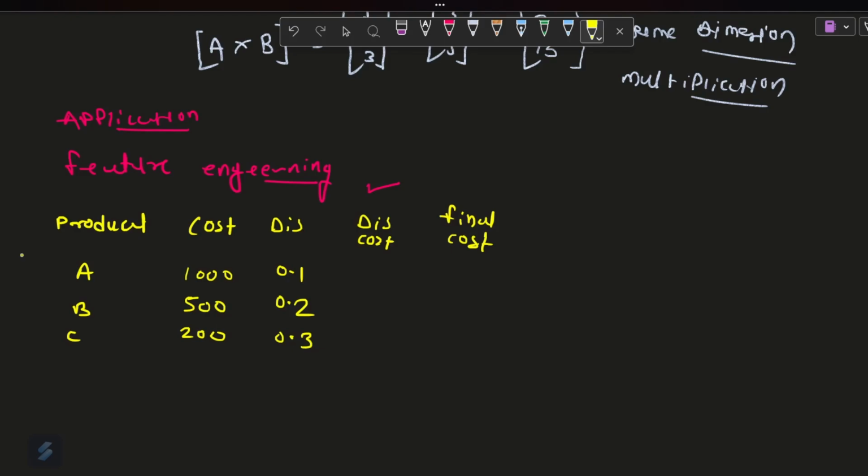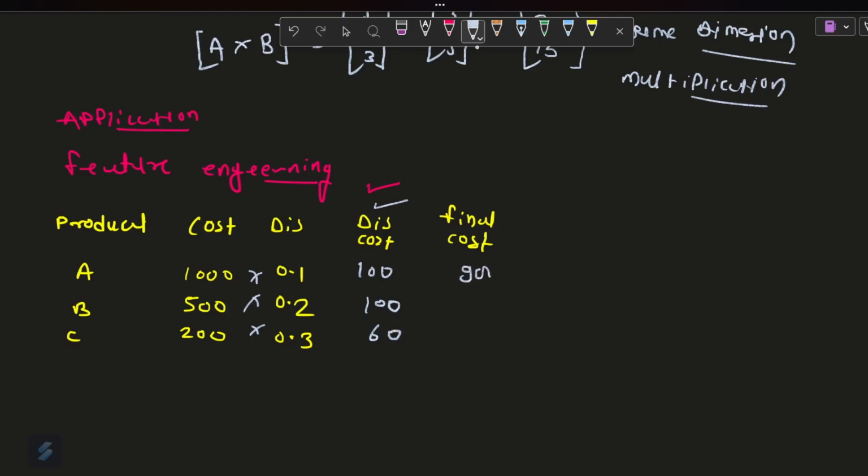In that case, we take the element-wise product to find how much discount we give on each product. We get 100 rupees of discount on product A, similarly 100 rupees on product B, and 60 rupees on product C. So what is the final cost?